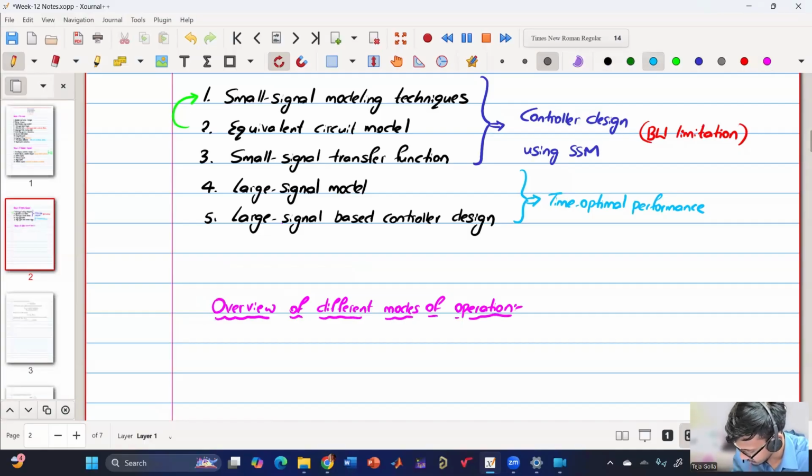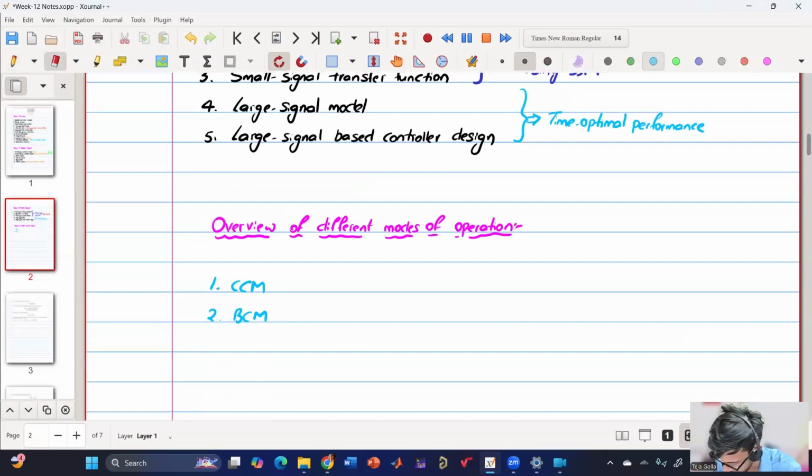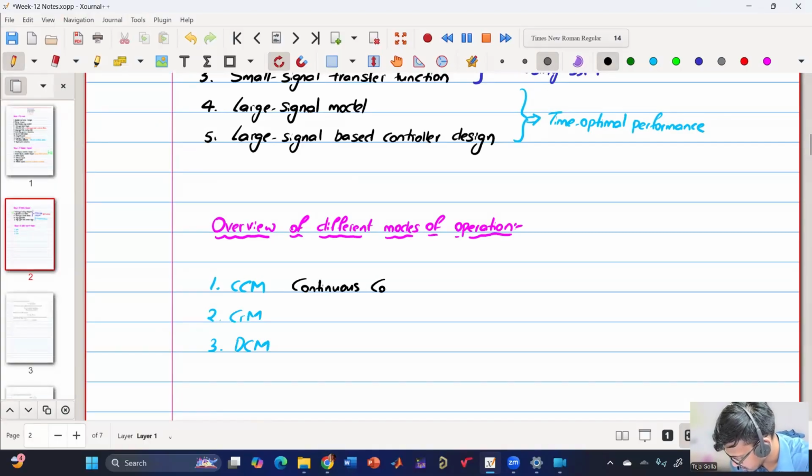So we have CCM, continuous conduction mode, CRM, critical conduction mode, and DCM, the discontinuous conduction mode.